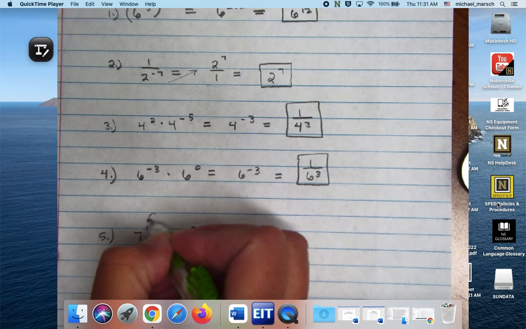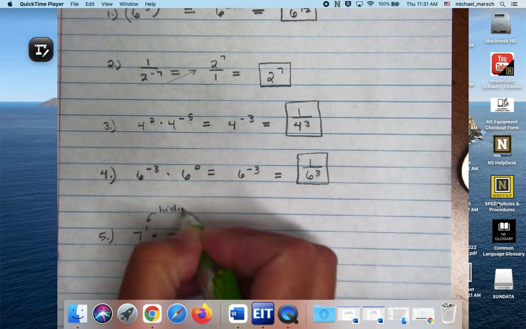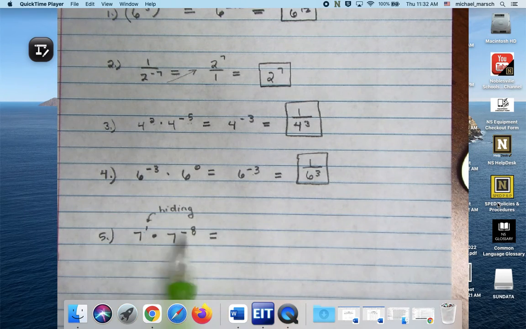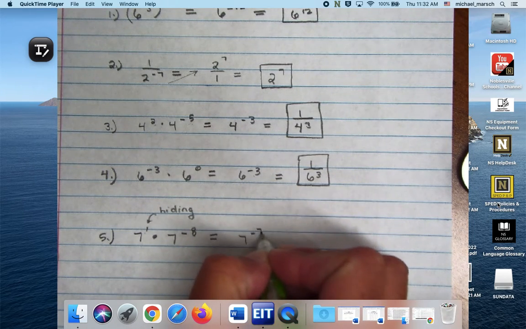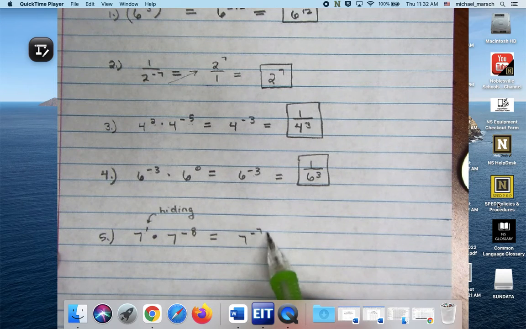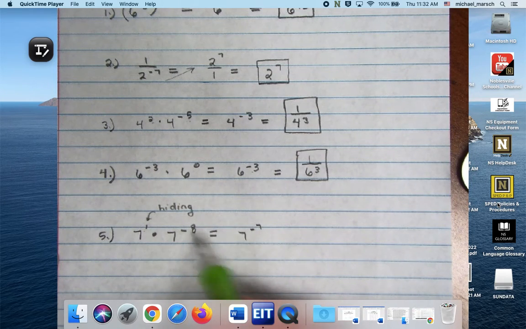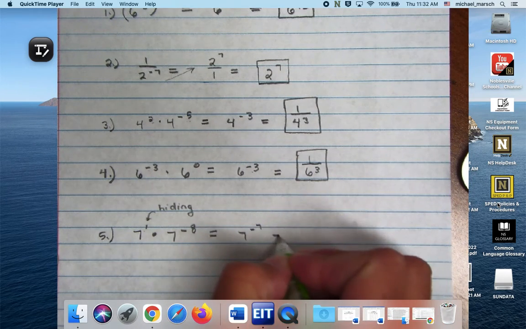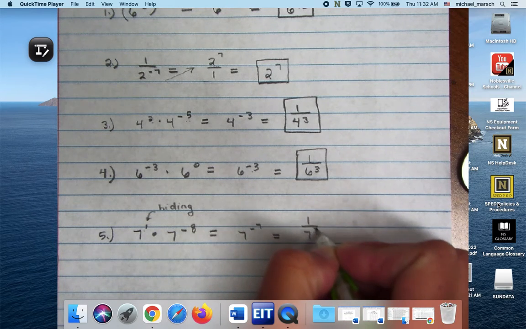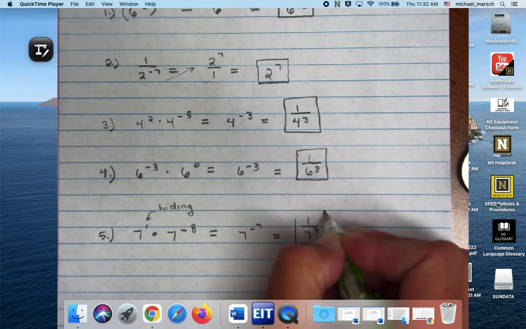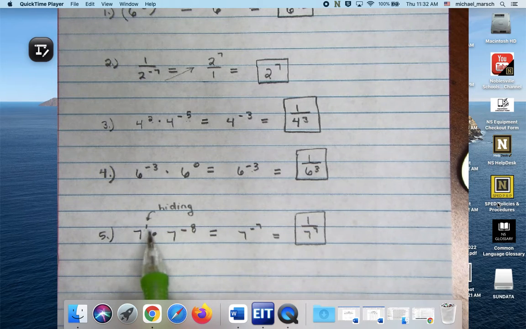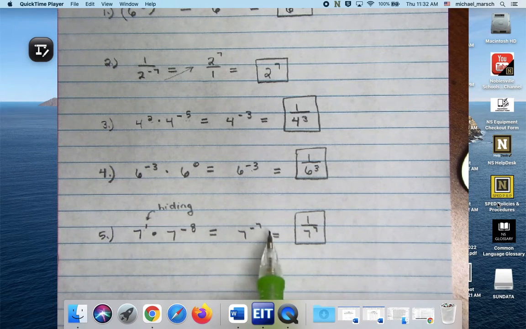It's hiding. Right? So really I have 1 plus negative 8, which will give me negative 7. Right? So 1 minus 8 will give me negative 7. And then I do 1 over 7 to the 7th power. So if there's not an exponent there, you have to remember that there's a secret little 1. So when you're combining them, you add correctly.